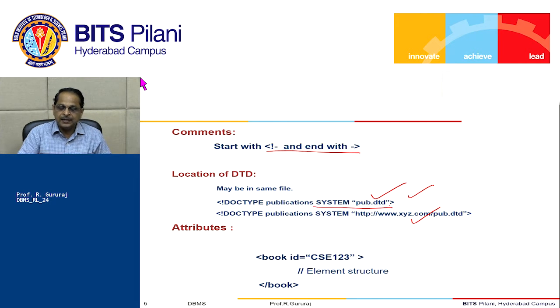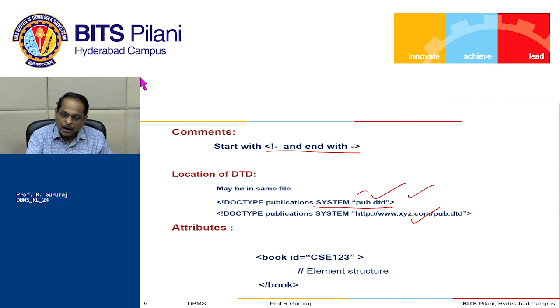If I use this syntax, it is optionally the DTD code. Whatever specifications I write for the DTD can be written in the same document as the XML file. That is also possible.